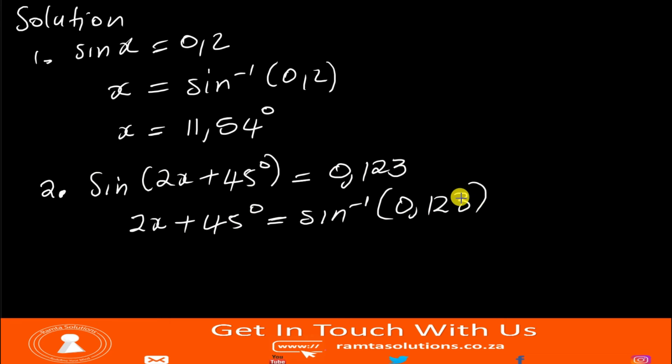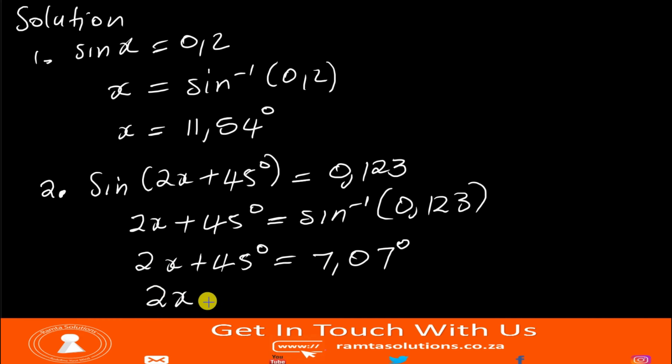Let's see. Sine inverse of 0.123, what do we get? 2x plus 45 degrees equals 7.07 degrees. Okay? Now, we are solving for x here, as you can see.